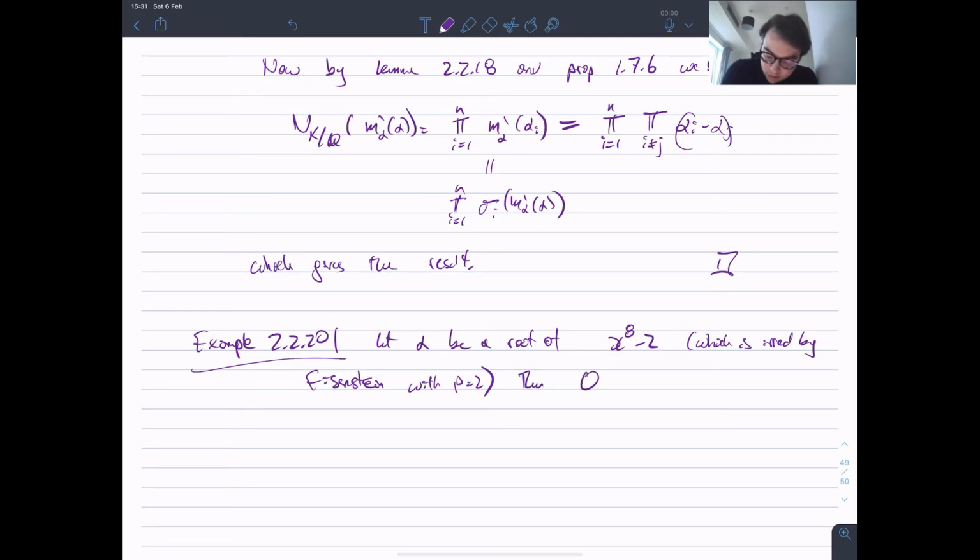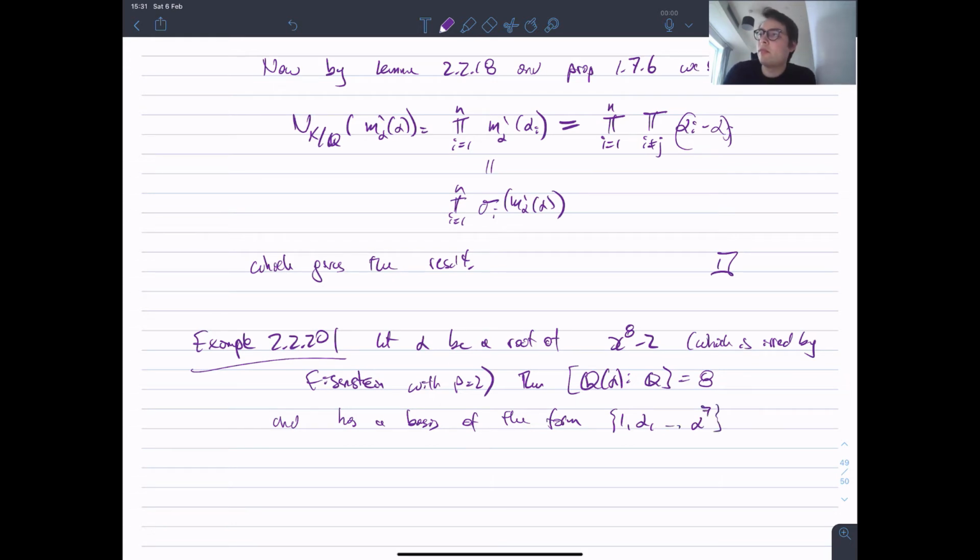Then the degree of Q(alpha) over Q is 8. This is a degree 8 extension and has a basis of the form 1, alpha, up to alpha to the 7.